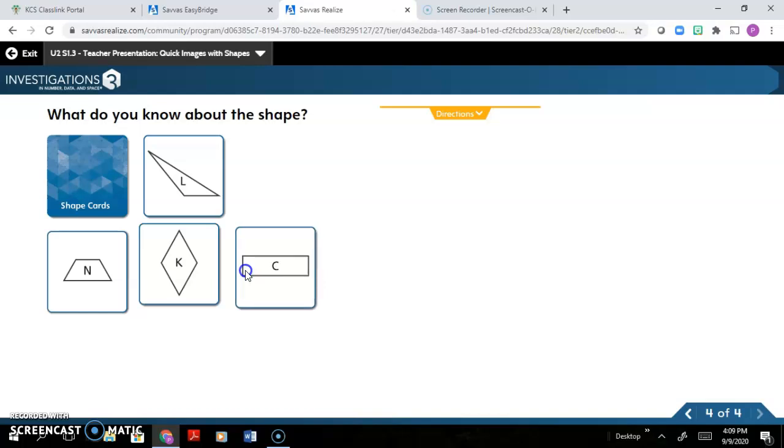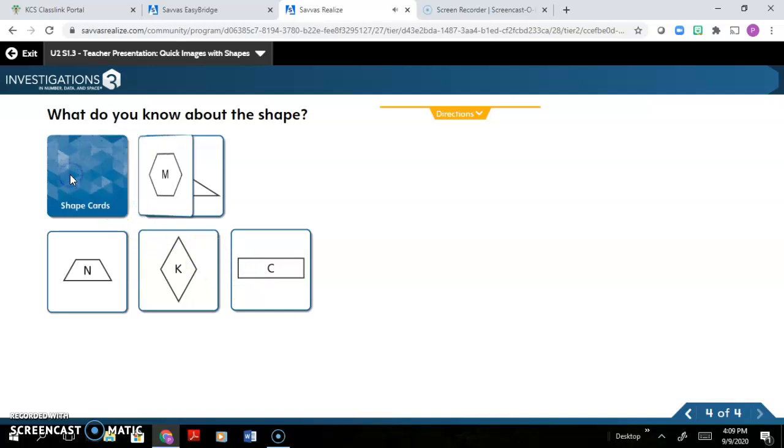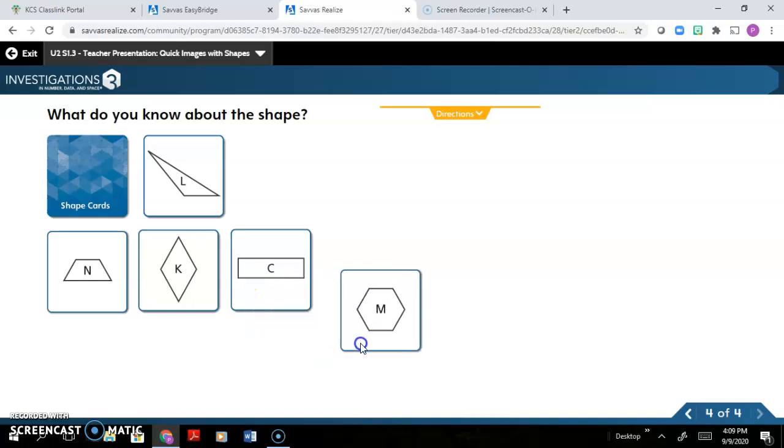Right, this one also has 4 sides. What do we call this shape? We call it a rectangle, and it too has 4 corners. This one has a lot of sides. What do we call this? Do you know?